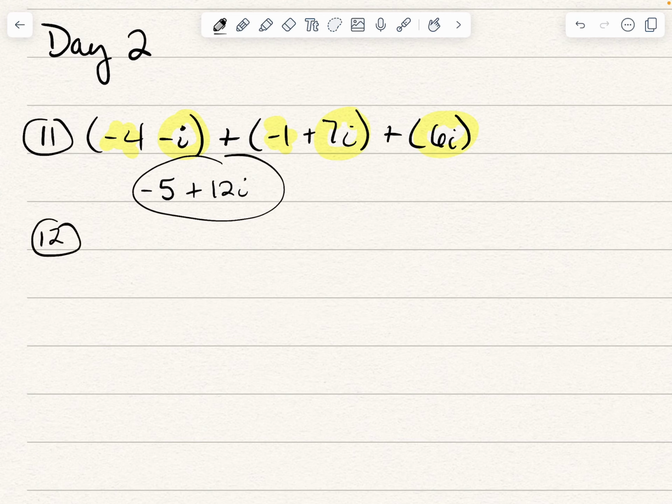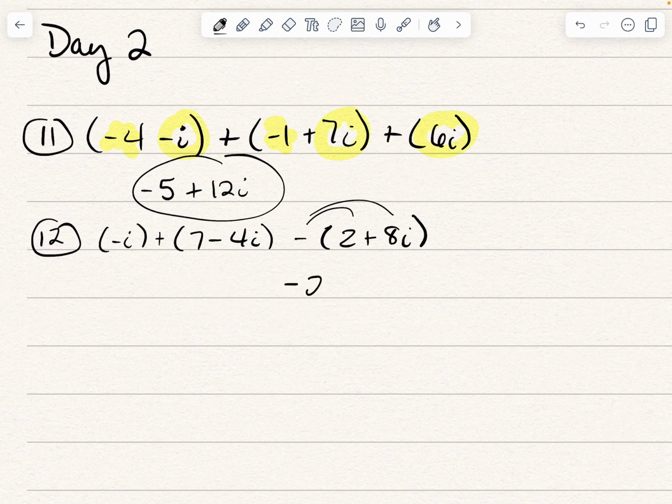For number 12, this is -i plus 7 minus 4i minus 2 plus 8i. Biggest thing with this is your negative sign right here has to get distributed into both things in the parentheses. So this actually becomes -2 minus 8i. Okay, so that is now gone.